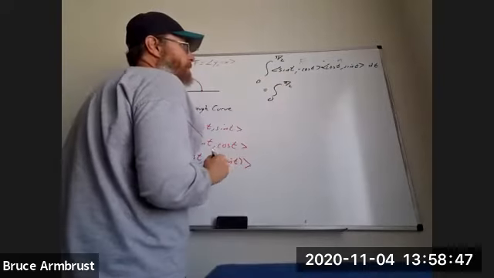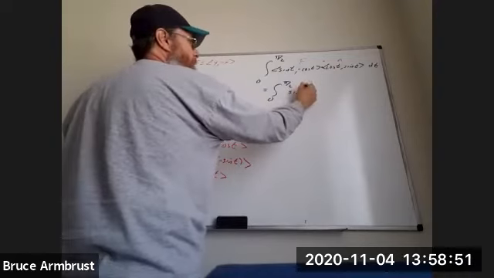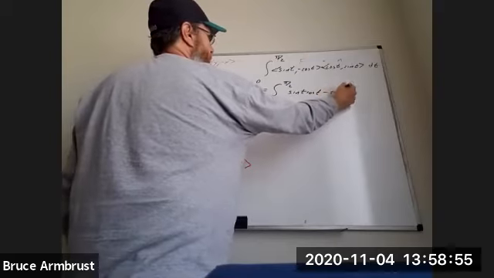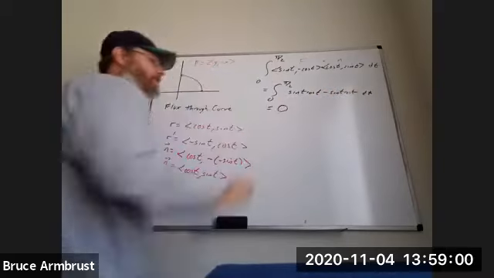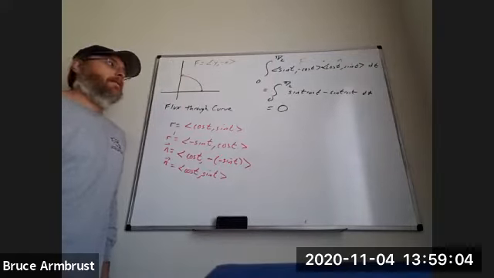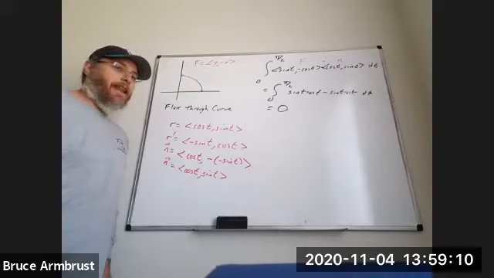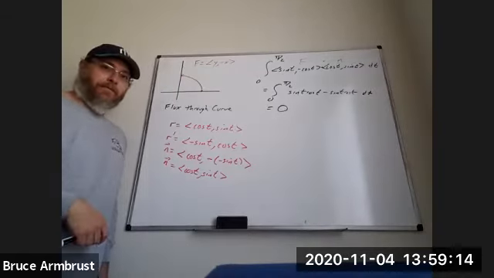From 0 to pi over 2: sine times cosine is sine cosine, minus cosine times sine is minus sine cosine. So we're integrating 0, which gives us 0. That makes sense, right? That tells us the net flow through this curve is 0.